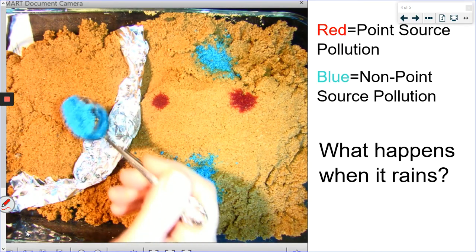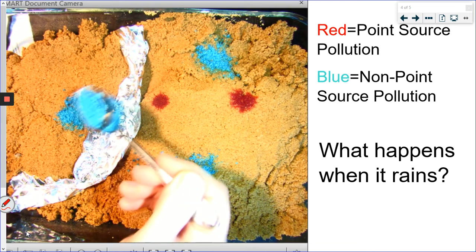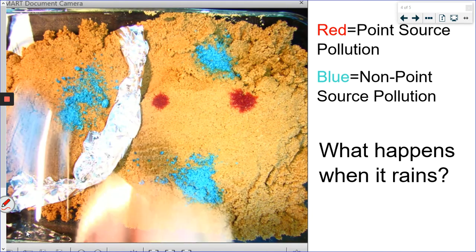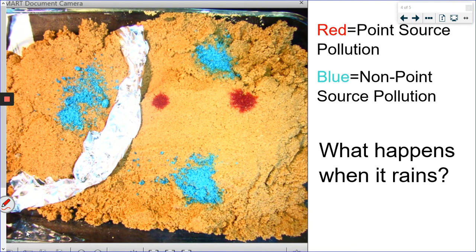Maybe over here we have a neighborhood. Maybe over here is the city of Charlotte, right? And so those areas just have a lot of pollution, but it's widespread over a bigger area.